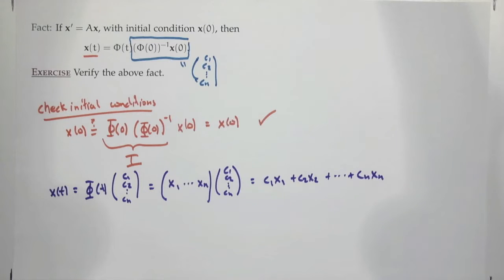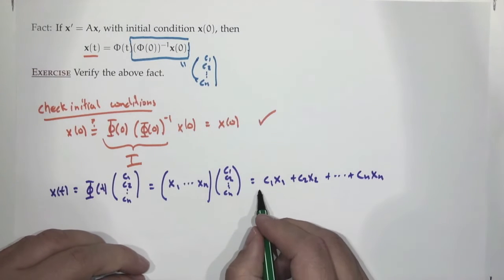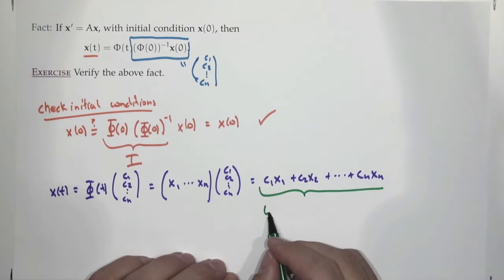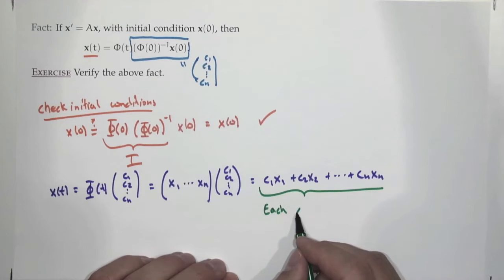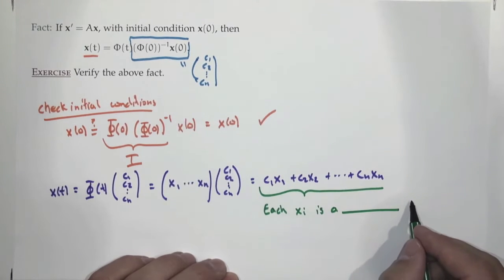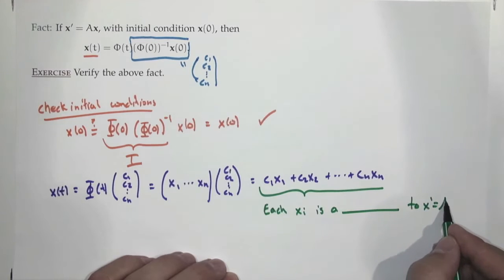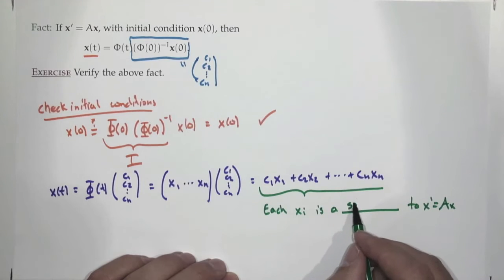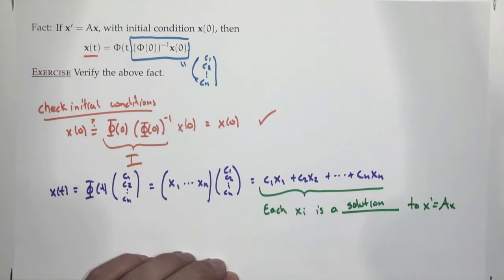On the other hand, what are some things we know about these xi's? We have that each xi is a solution to x prime equals Ax. Each one is a solution.